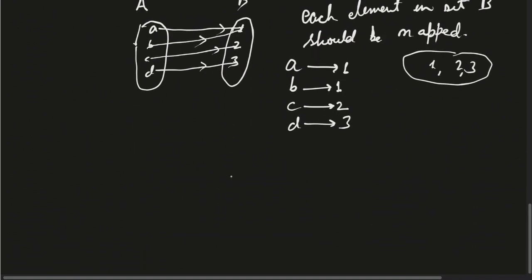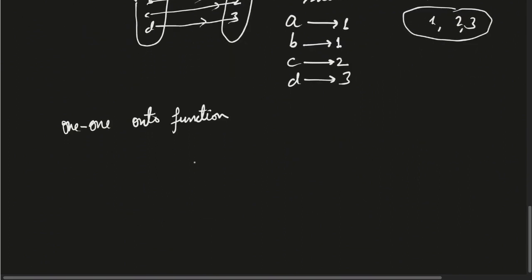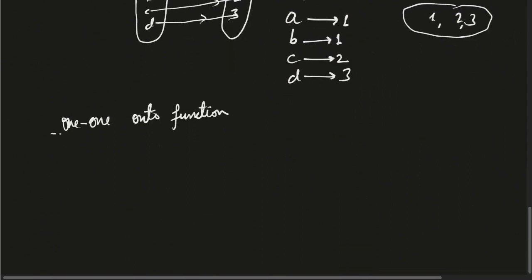Now one very important function which has been derived from these functions is the 1-1 onto function. This means that the function is 1-1 and onto also.